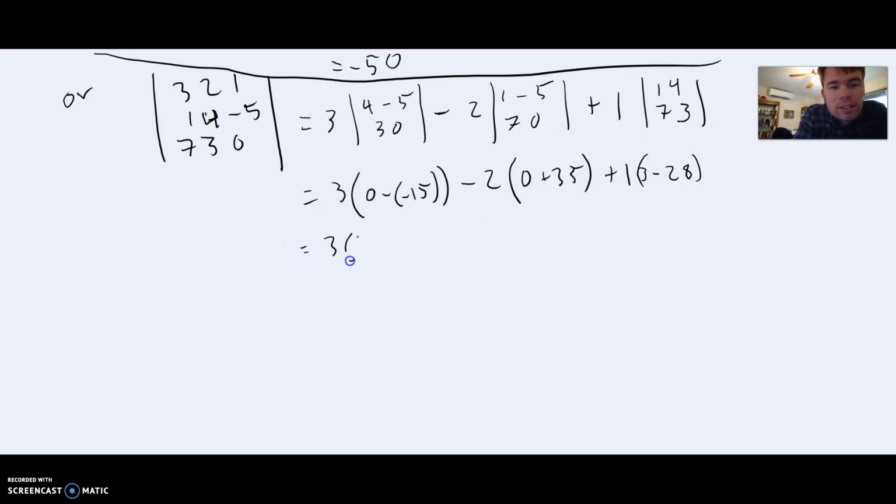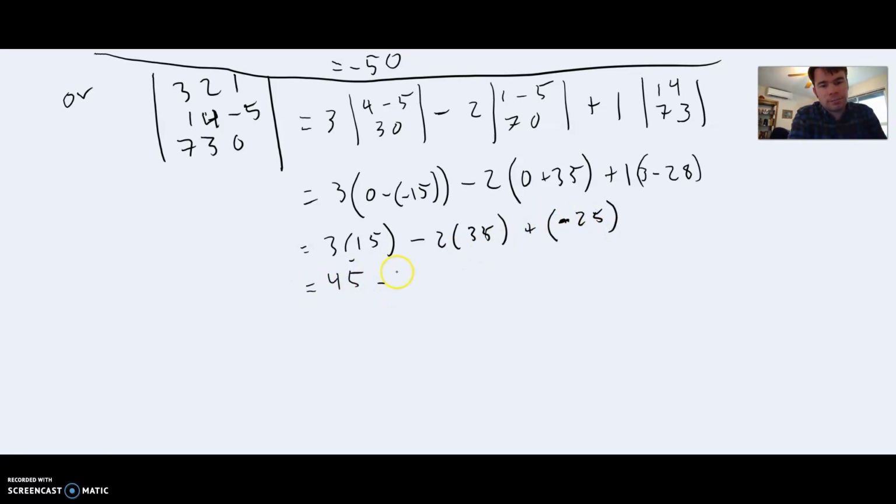So we have 3 times 15 minus 2 times 35, plus 1 times negative 25. So that is 45 minus 70 minus 25. Sure enough, it's negative 50.